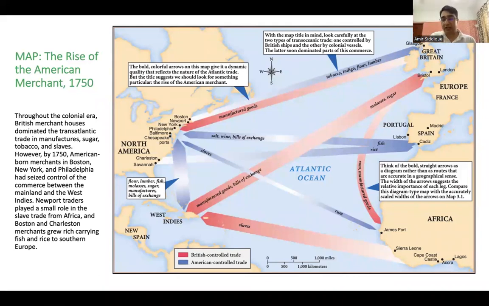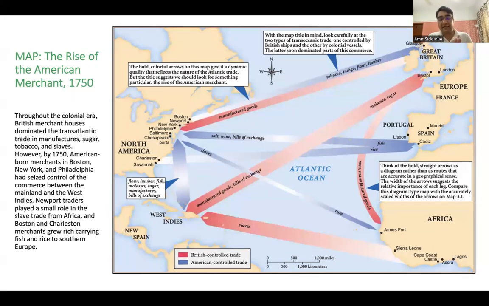Then these ships take the finished products to Africa and sell some of them in exchange for slaves. There was a whole economy in Africa where there were slave catchers. There were the kings of Africa, and the whole economy was going on where people would catch slaves and bring them to the shores of Africa.